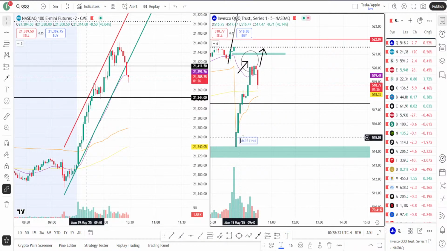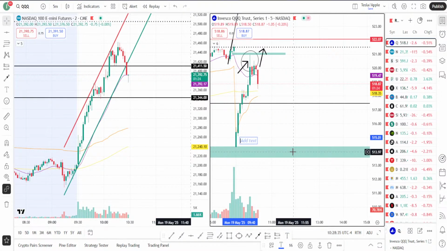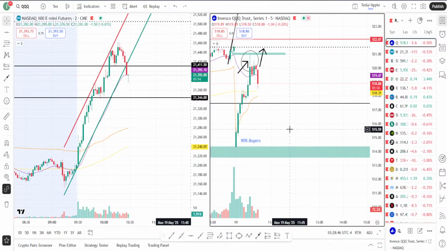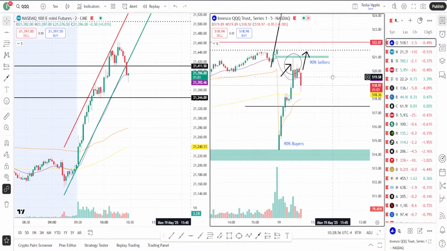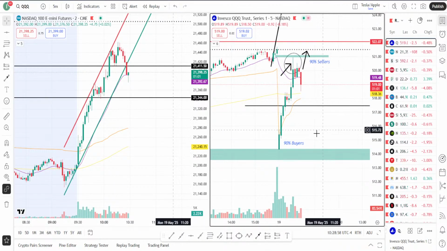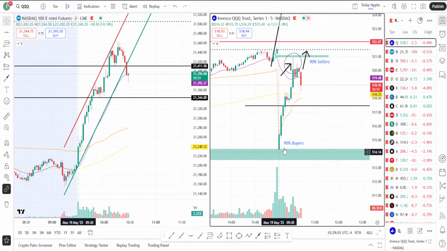This place down here, this spot right here, is where I was looking at, you know, perhaps there'll be about 90% buyers. Up here now I'm looking at, there might be 90% sellers. Right, this is a demand zone. That's the reason.